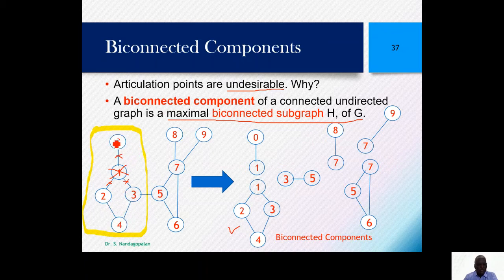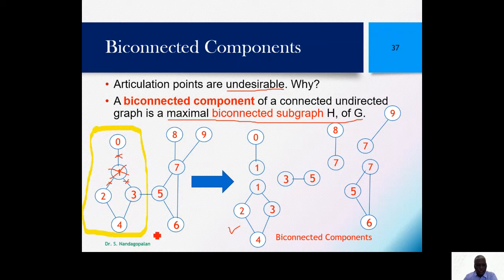This is another connected component, which means that this is not a biconnected component because I have an articulation point, which leaves me with 2 subgraphs.